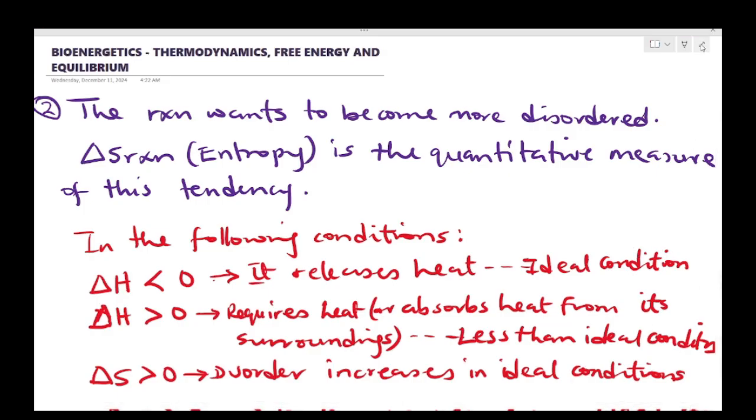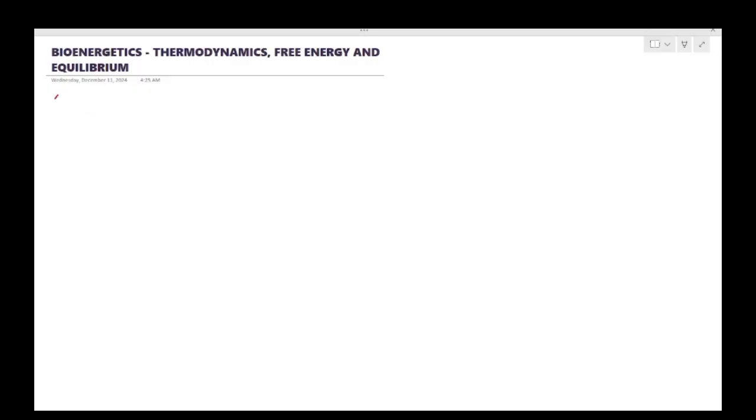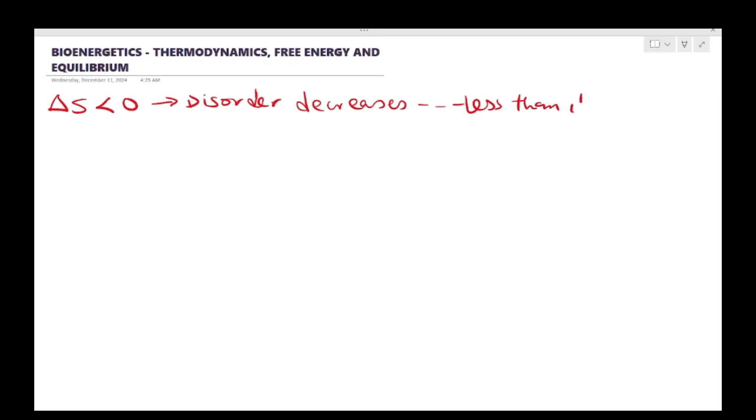In the next page, when delta S is less than 0, it implies that the disorder decreases, and that shows less than ideal conditions.